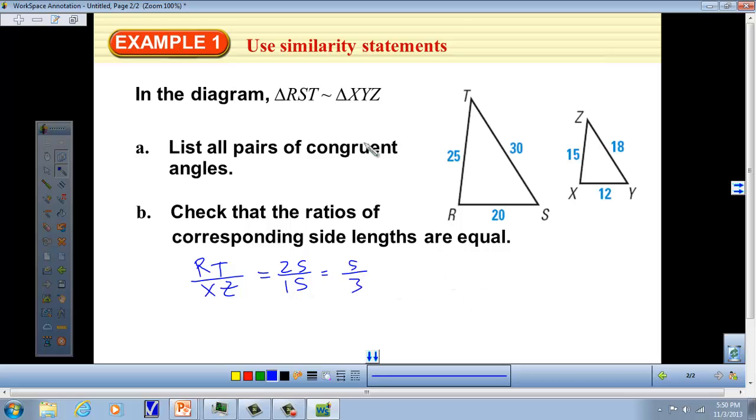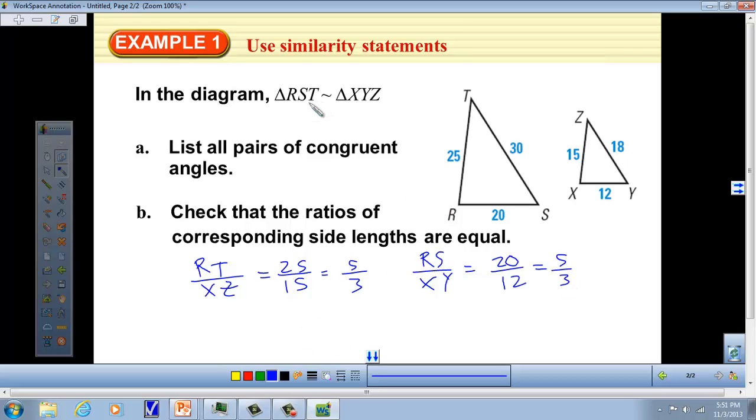Then we look at, I guess we can do RS and XY, so we'd say RS over XY, and RS is 20, XY is 12. Dividing both of those by 4, we get 5 over 3.